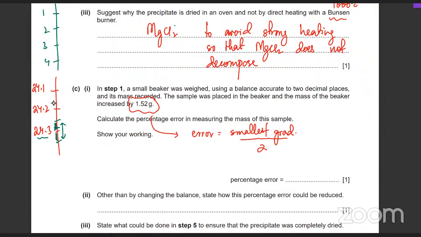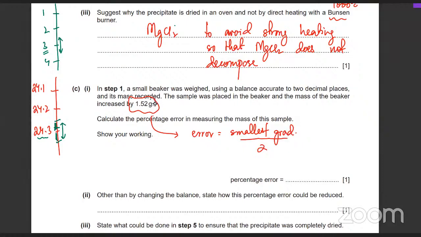So in this case as well, if something reads as 3, it could lie anywhere between this range, half a graduation plus and half a graduation minus. Anything within that range would be called 3. So the error in the value will be plus minus the smallest graduation divided by 2.